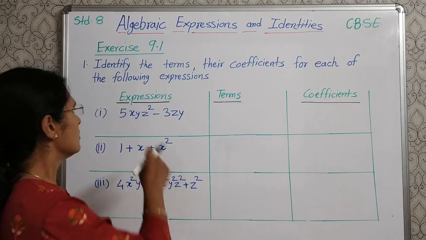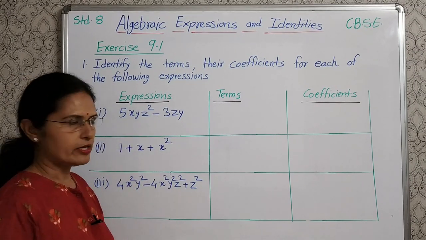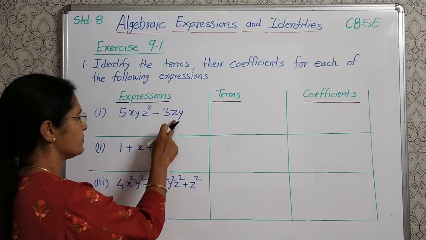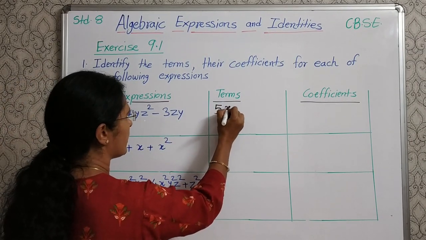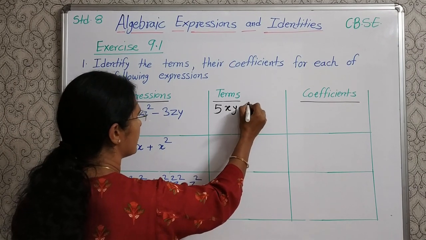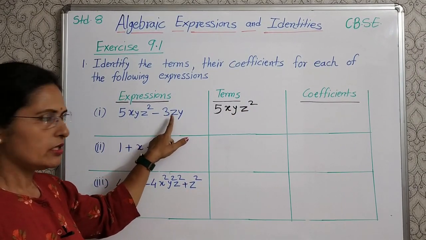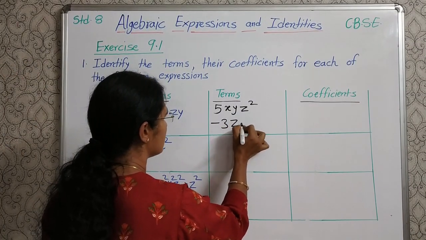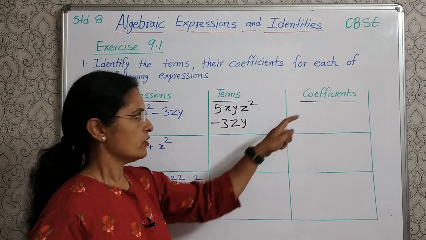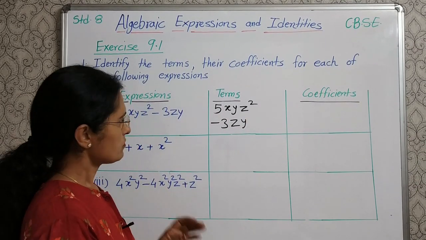First expression: 5xyz square minus 3zy. Here two terms are there. First term is 5xyz square and the second term is minus 3zy. Now we'll find out the coefficients for these terms.